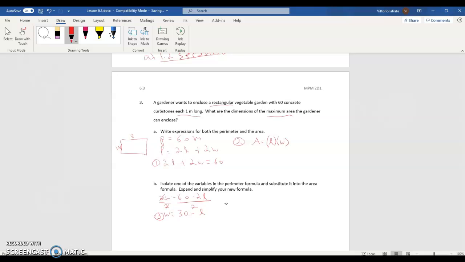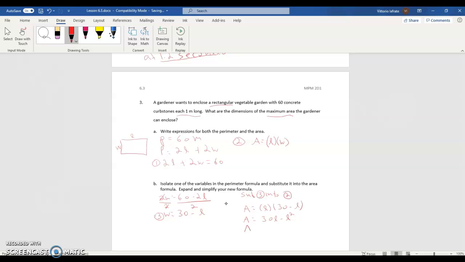And now what we can do is sub 3 into 2. And so we're going to get area is equal to, so we have L times 30 minus L. And we can distribute that to get area is equal to 30L minus L squared.